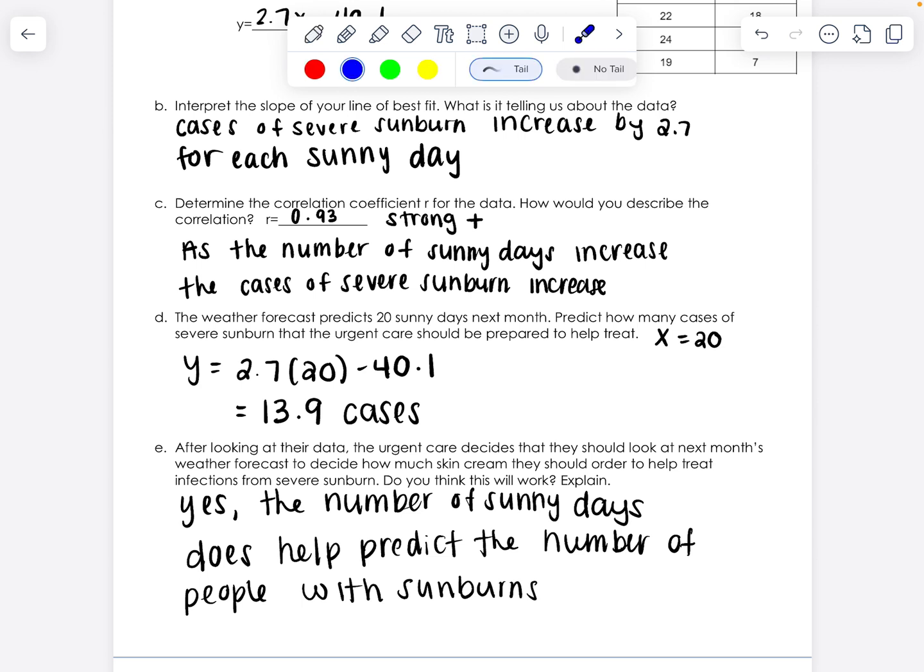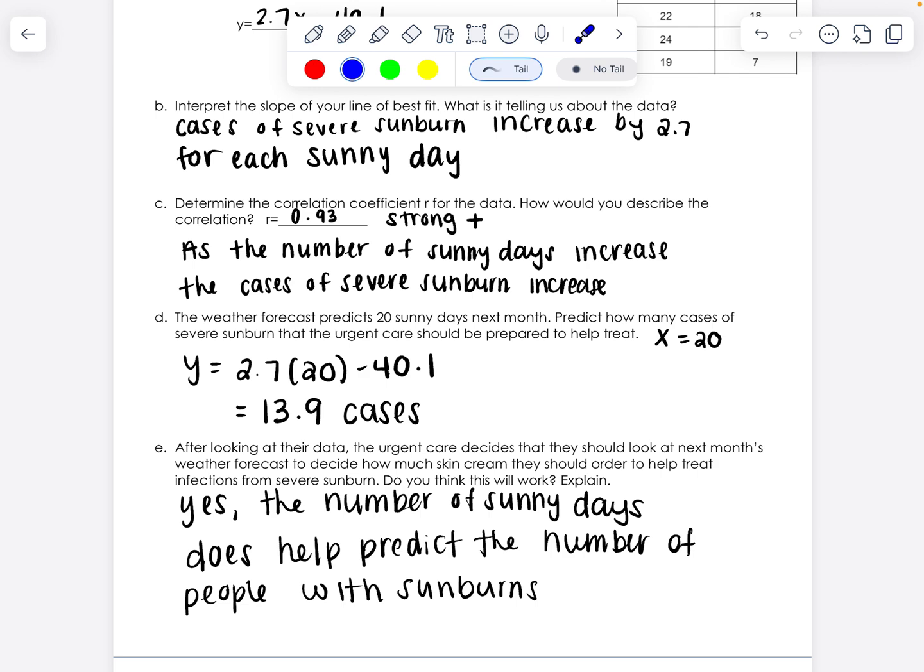Based on this data, because we have a strong positive correlation and because sunny days are what cause sunburns most of the time, we can use that to figure out how much skin cream they're going to need to cure those sunburns. All right, when you're ready, you're flipping to the next page or flipping your packet over.